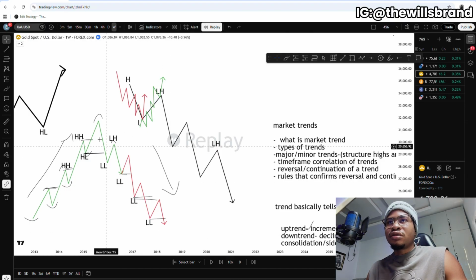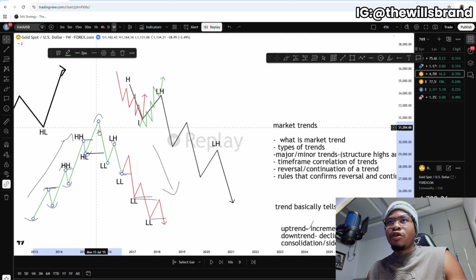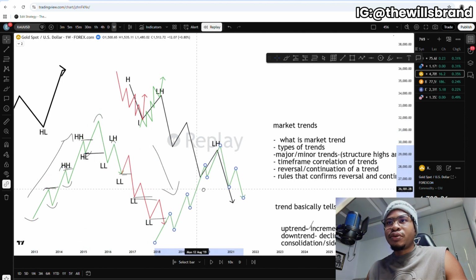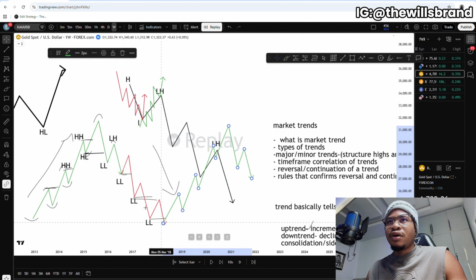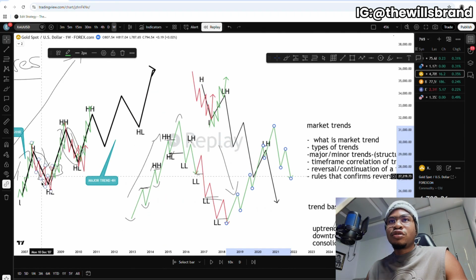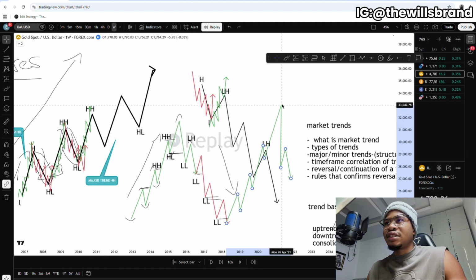Now, what if we're moving from a downtrend to an uptrend, like in this case now? All right, so let's say we got to this level now, we've made a higher time frame higher low, and the market wants to change to the uptrend, which is the dominating trend in this case, right?